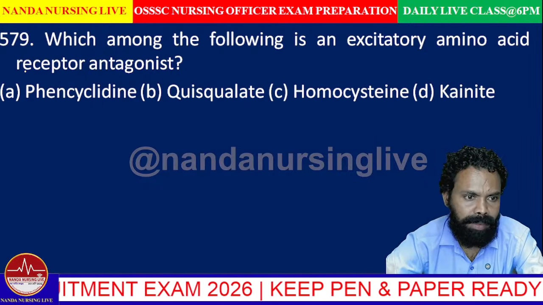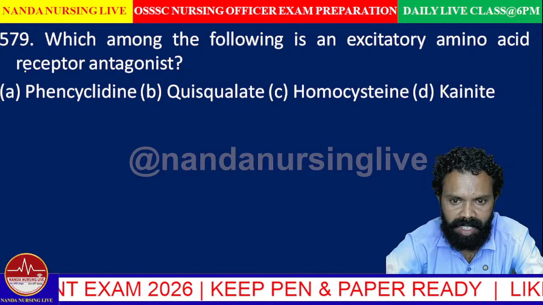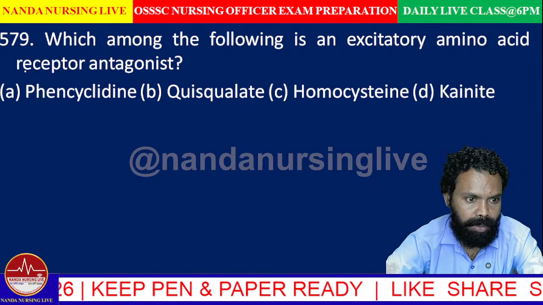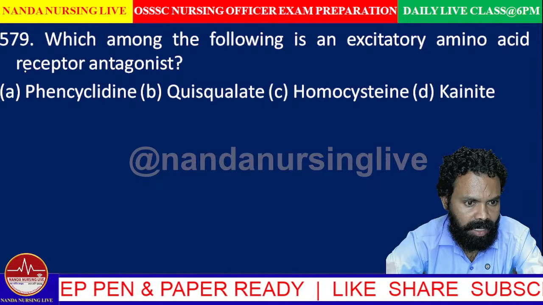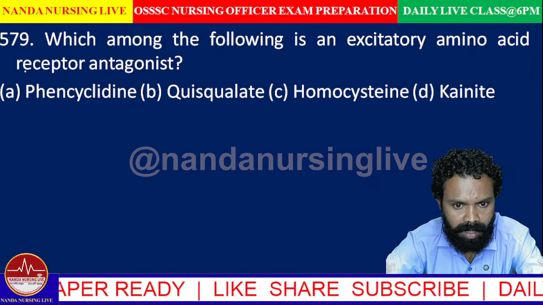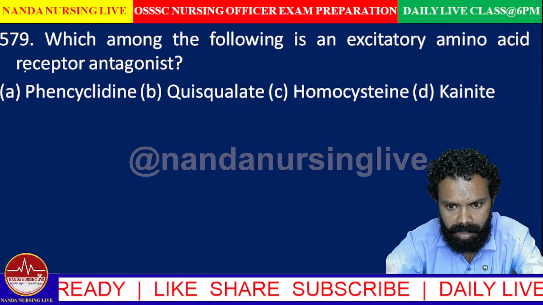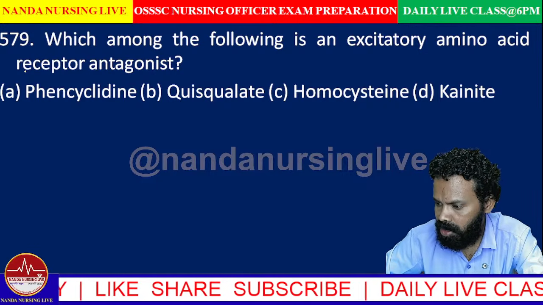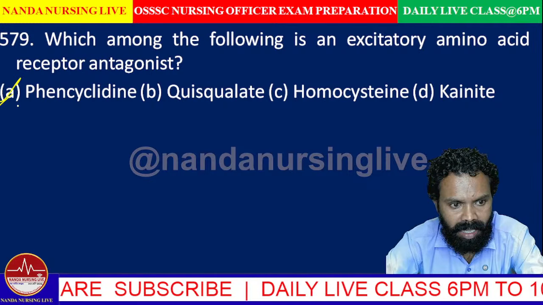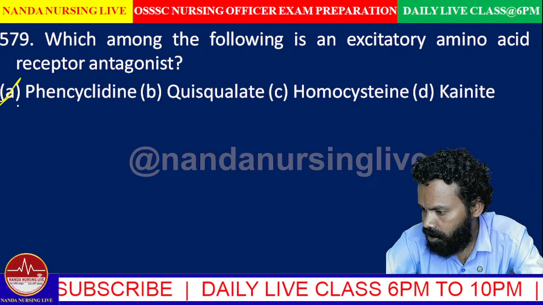Next question, question number 579. Which among the following is an excitatory amino acid receptor antagonist? Option A phencyclidine, option B quisqualate, option C homocysteine, option D kainate. Which option is the correct answer? The correct answer is option A, phencyclidine.